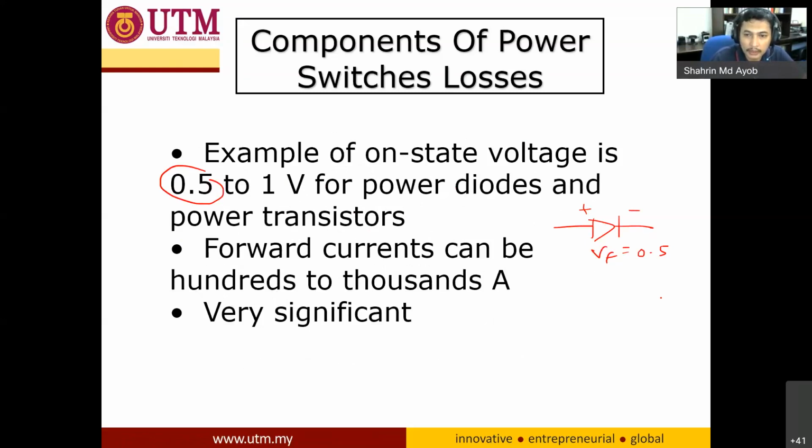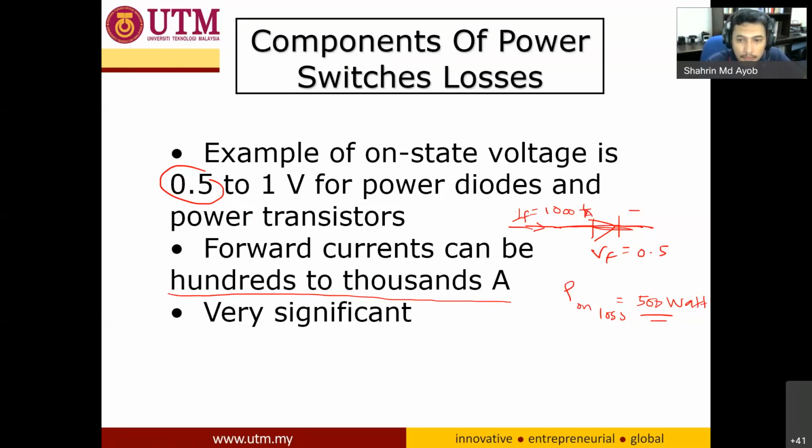But you need to take note that when the diode is forward biased, the current IF flowing inside this diode may be from 100 to 1000 amperes. For example, 1000 amperes. So the power on losses is 0.5 multiplied by 1000, which is 500 watt losses. So very significant. The conduction losses are very significant in power electronics.